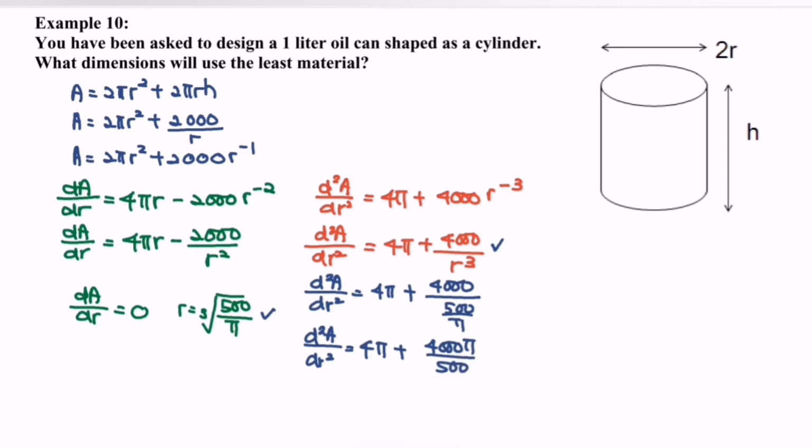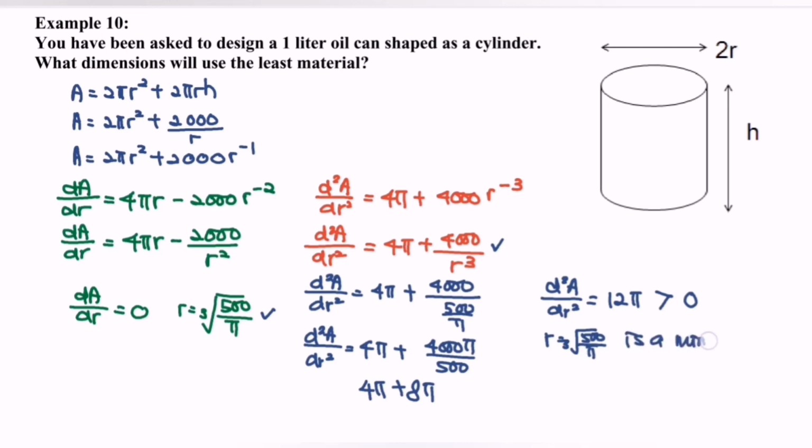So we will have 4 pi plus 8 pi, and the second derivative equals 12 pi, which is greater than 0. So if the second derivative is greater than 0, it means r equals cube root of 500 over pi is a minimum value.